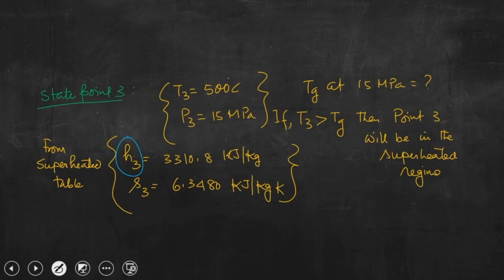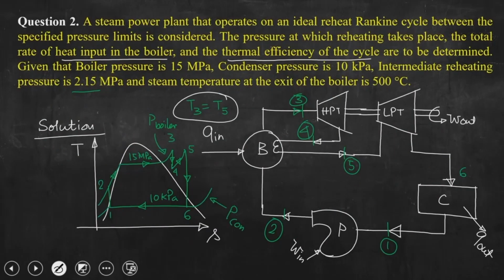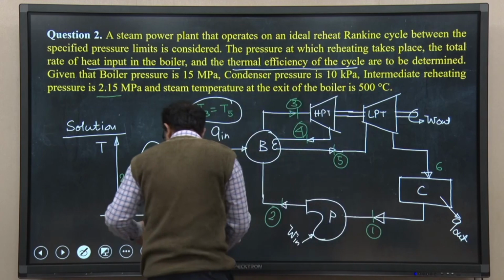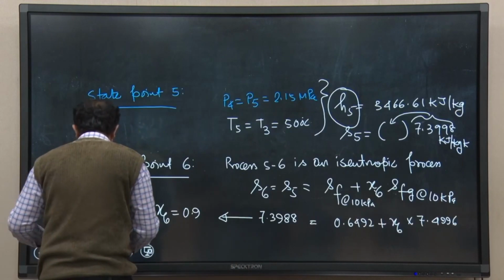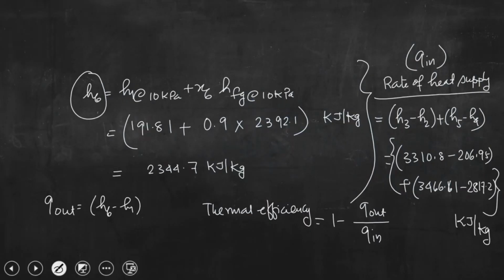If we go back to the previous slide, H6 minus H1 is the Q out from the condenser. So, this quantity is coming as 2344.7 minus 191.81, again in kilojoule per kg.